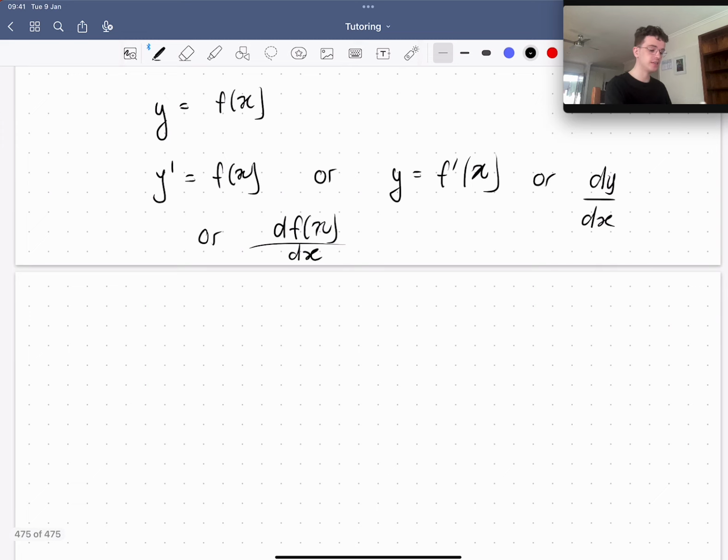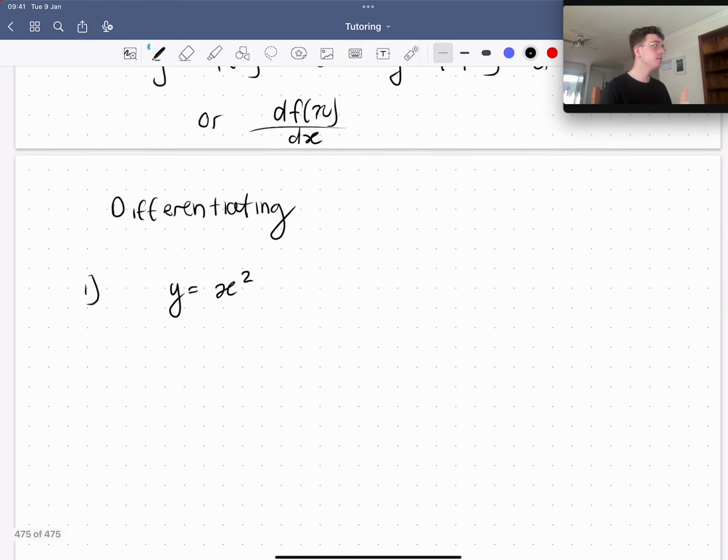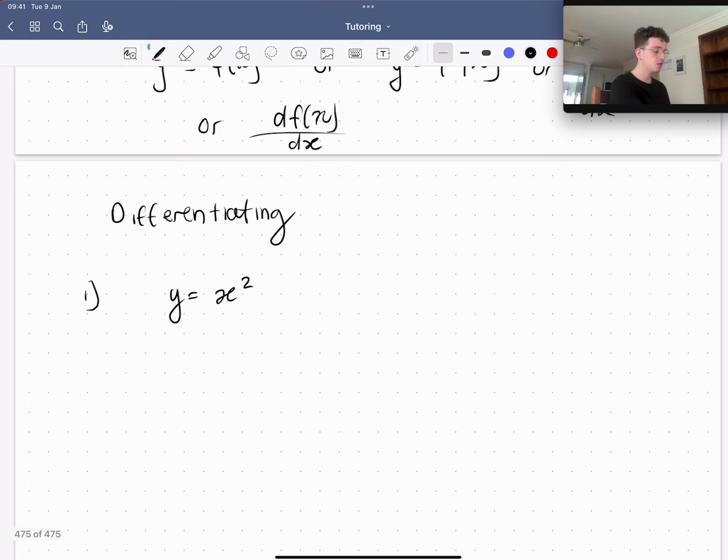So let's have a go at differentiating part 1, y equals x squared. So step number 1 is to, first of all, find f of x. That's equal to x squared. We also need to find f of x plus h.